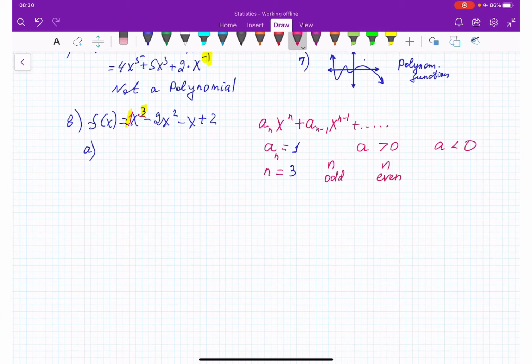All right, so the graph for a greater than 0, when n is odd, then the end behavior on the left side is falling down, and the end behavior on the right side is rising.